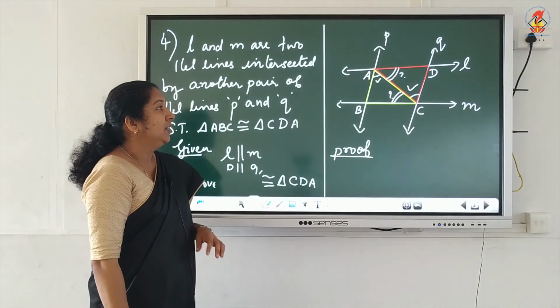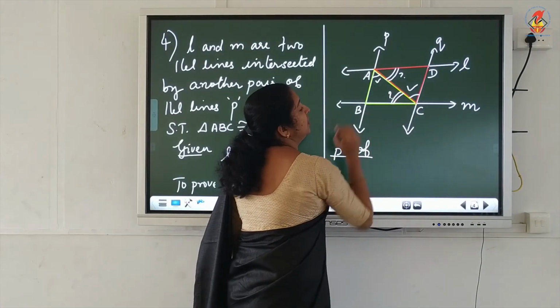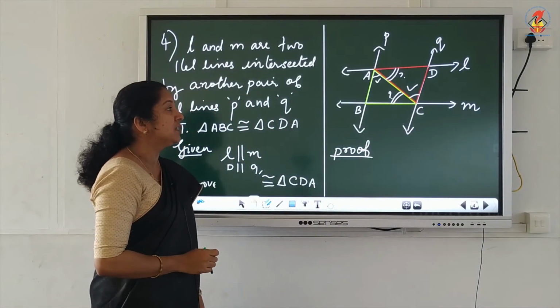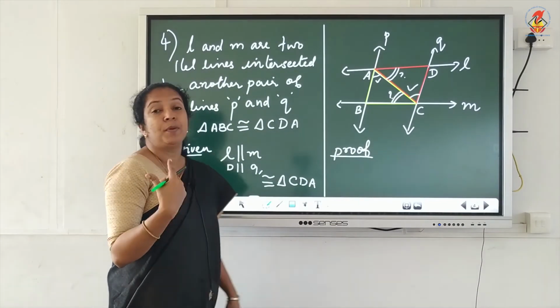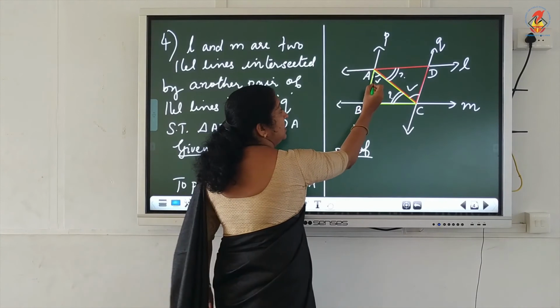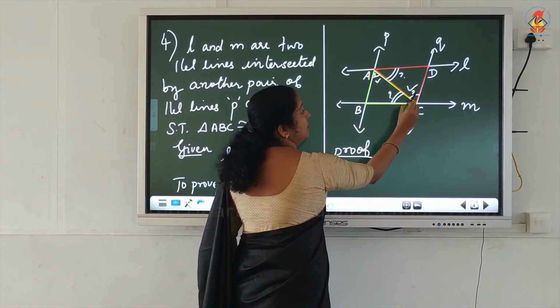And look at these lines, both the lines are coming here. So what we can say is AC is common. But when you name it, it should be the corresponding part. See, A is nearby this angle. So here C is nearby this angle.